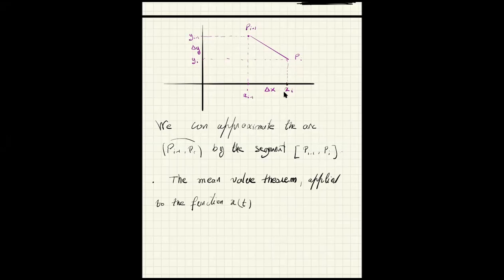So what is x(t)? It is a function where we have the timeline, and we have the point t_{i-1} and the point t_i. At this point we have x_{i-1}, and at this point we have x_i, and it's a function.